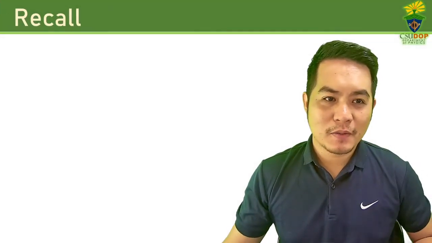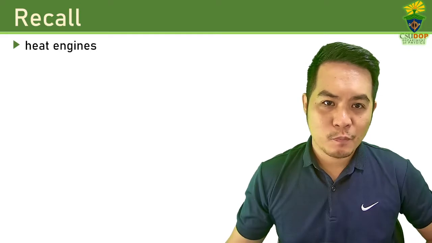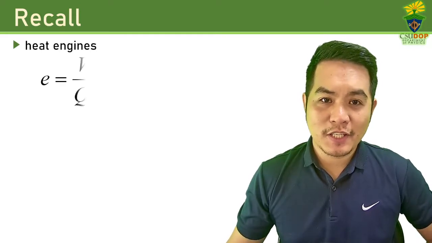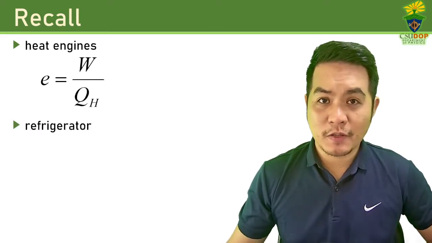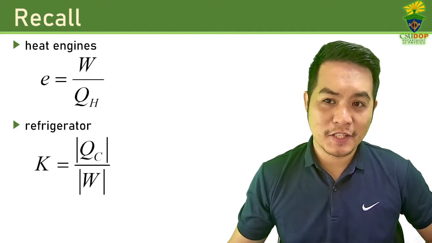So we have now discussed heat engines in the first lessons and also refrigerators. We have calculated their efficiencies for heat engines and the coefficient of performance for a refrigerator.